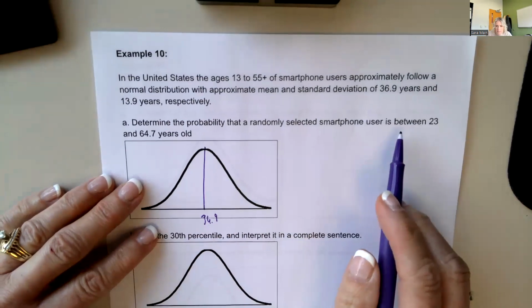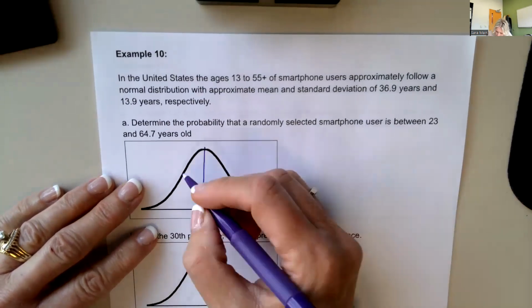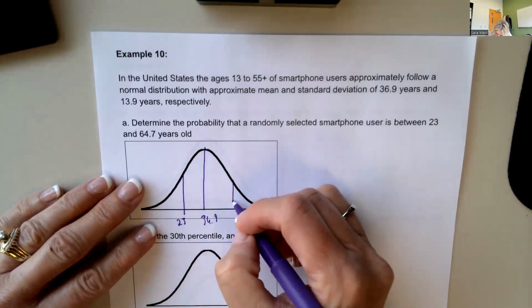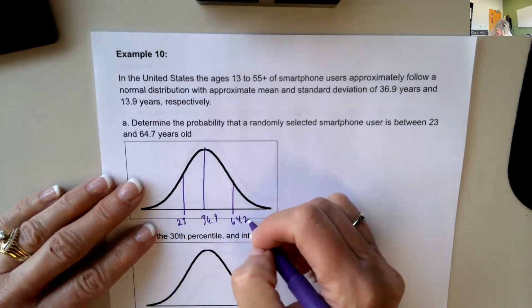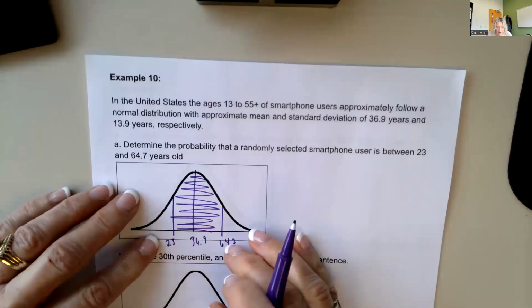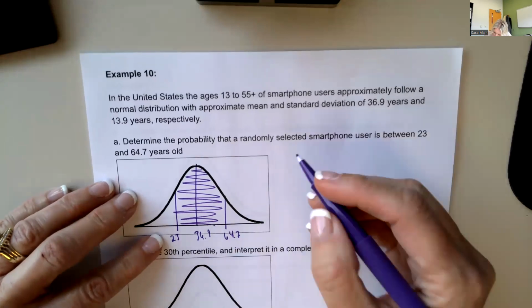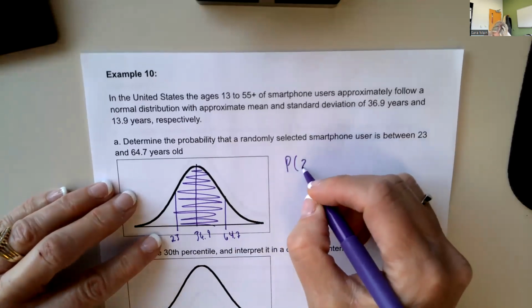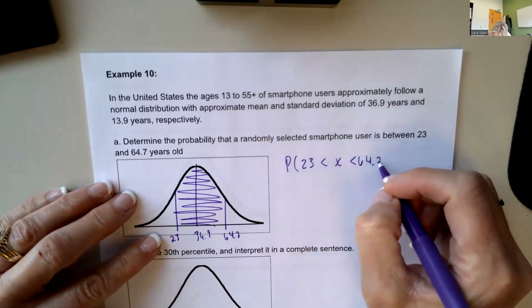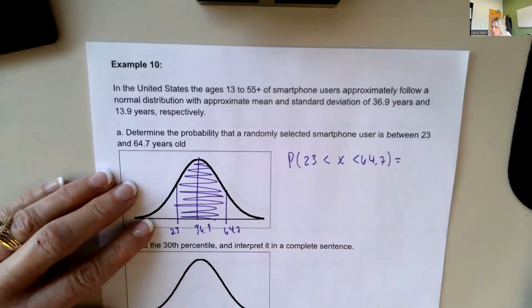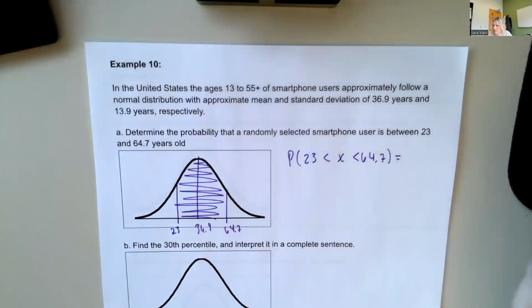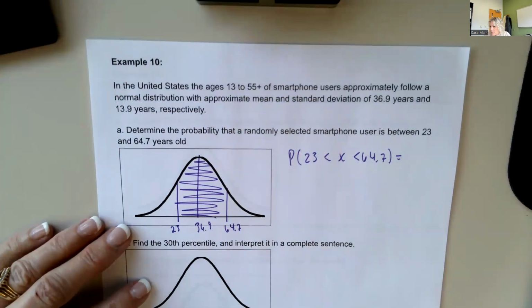And we want to look at the probability between 23, so that's going to be over here, and 64.7. Not necessarily equal symmetrically, but it's in between there. So that will look like this. 23, X and 64.7.